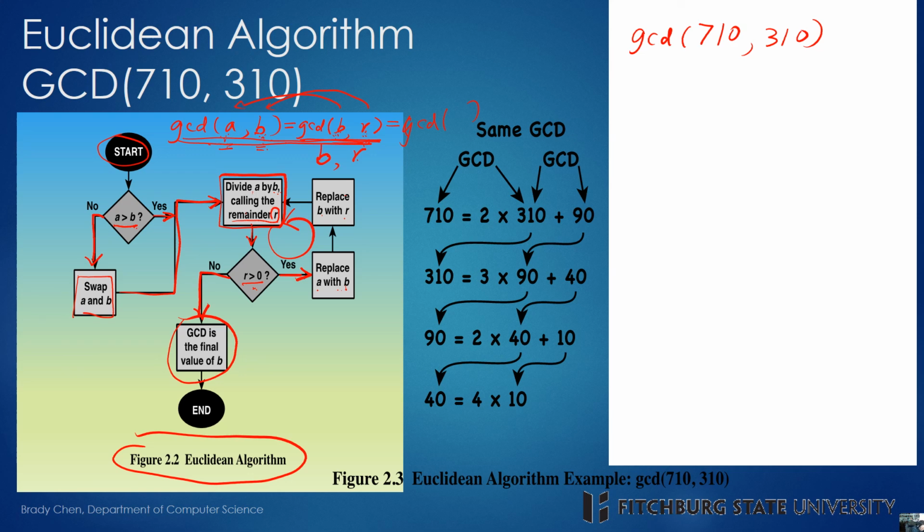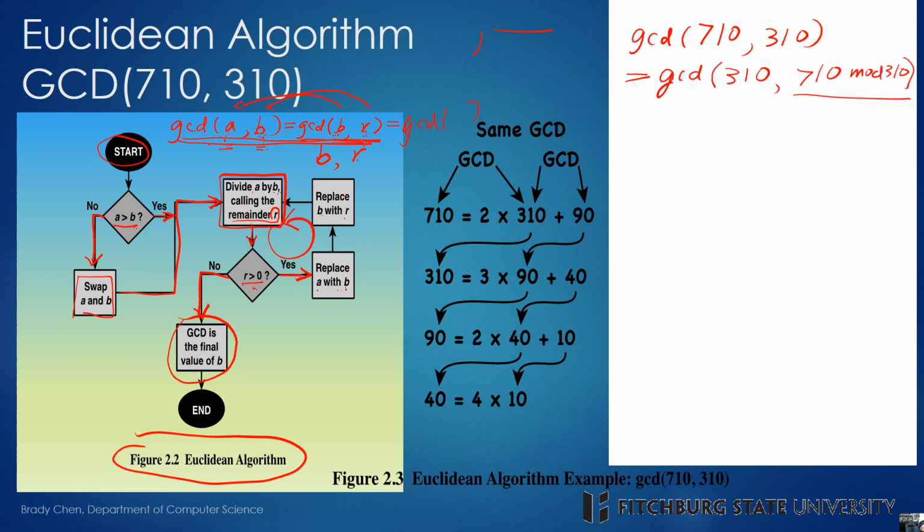Let's check this. We can turn the problem of finding the greatest common divisor of 710 and 310 into the problem of finding the greatest common divisor of 310 and 710 modulo 310. Now, what is 710 modulo 310?